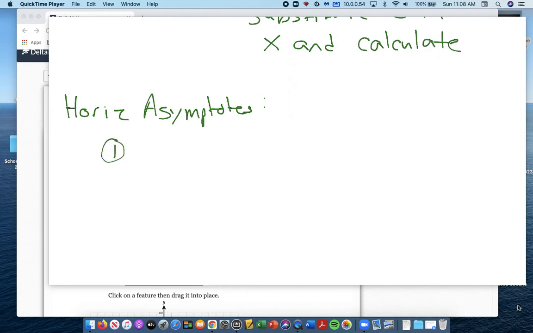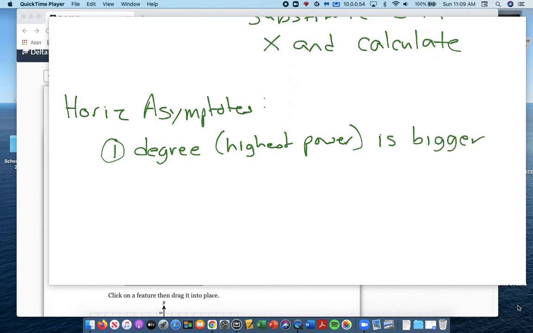The first case is if the degree, remember that was referring to the highest power, is bigger on the top than on the bottom.